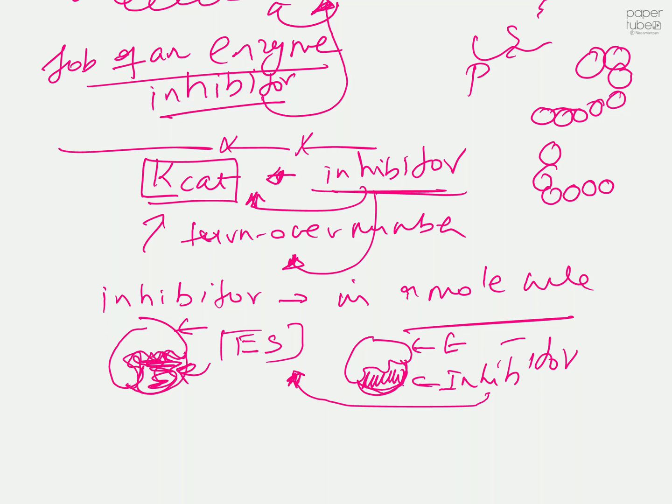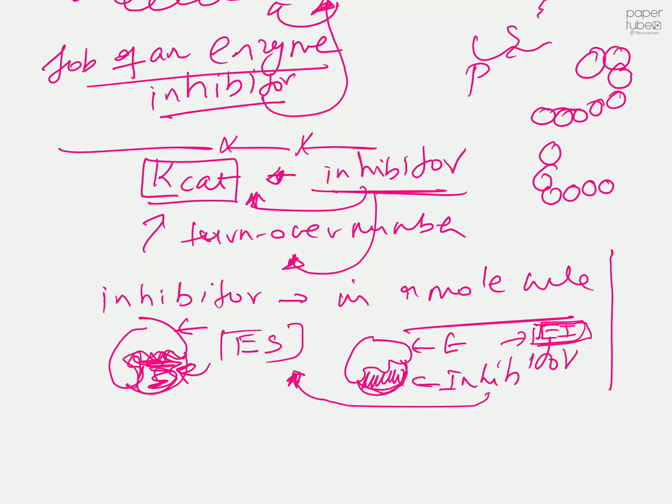Eventually it will form some enzyme inhibitor complex. So inhibitors are molecules. They have a definite molecular structure, and in many cases they have the structure of your substrate, so they can go and bind to an enzyme, and then it will create some enzyme inhibitor complex. So this is the basics you should know about enzyme inhibitors.